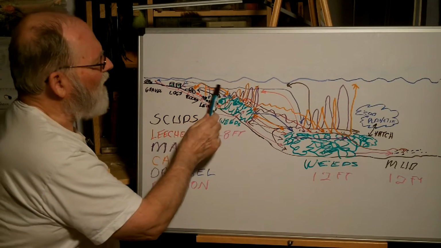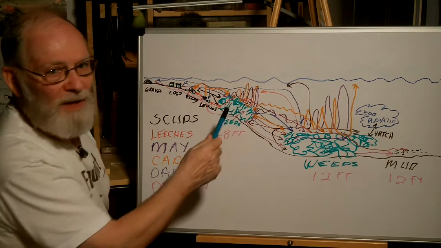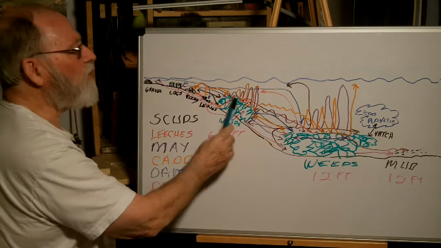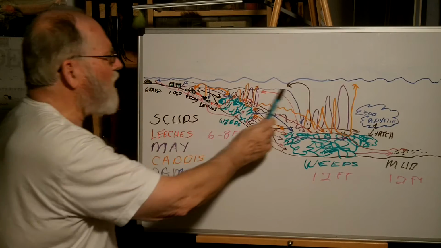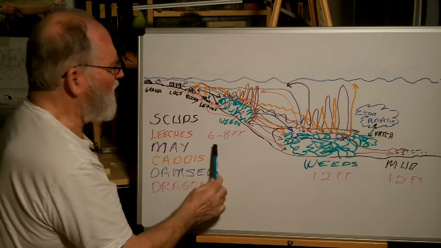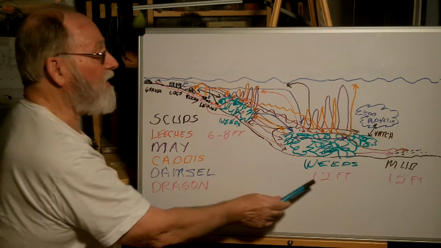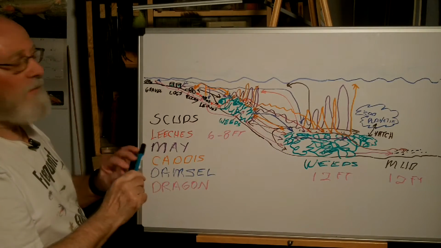And then they also congregate in an area just above weed beds, regardless of the weed bed size. And they also like to move between weed beds. So you want a line that will allow you to fish close to the surface, or a line that will allow you to fish not so deep on weed beds, or a line that will take you even deeper onto weed beds to catch fish.